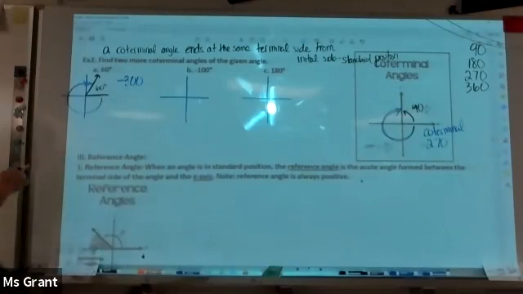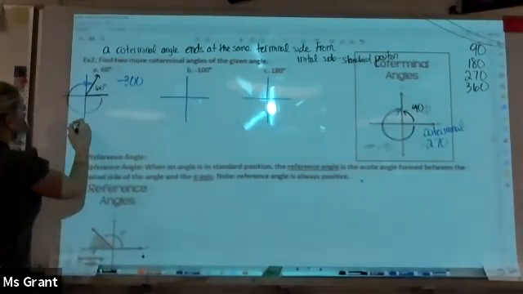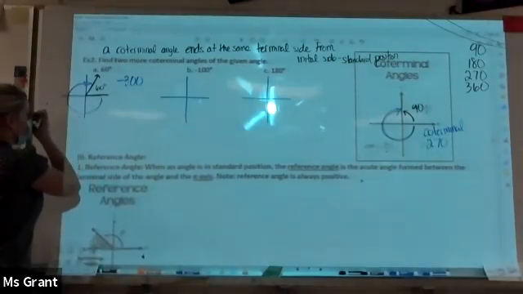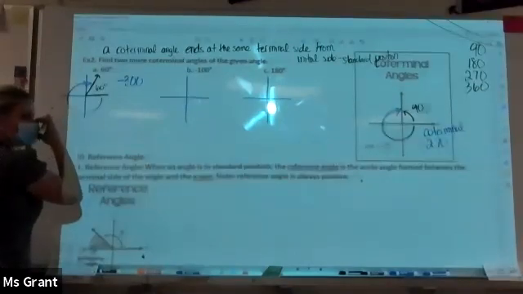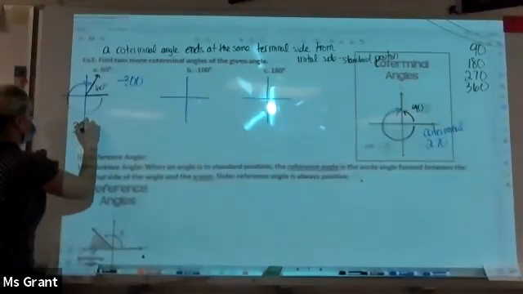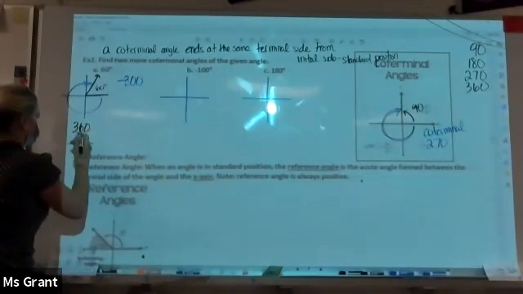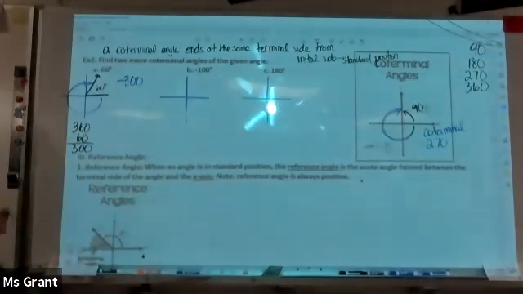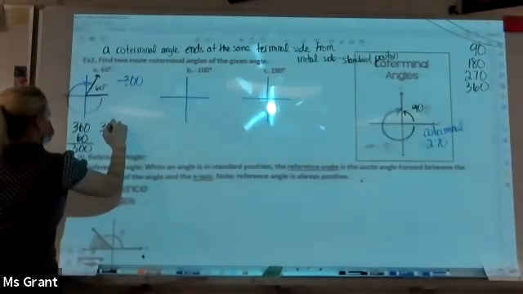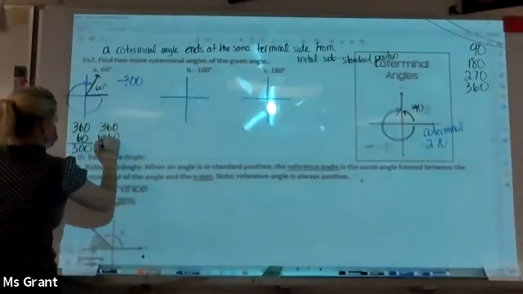So basically the whole rotation would be 360. And then I'm going to do 360 plus 60.